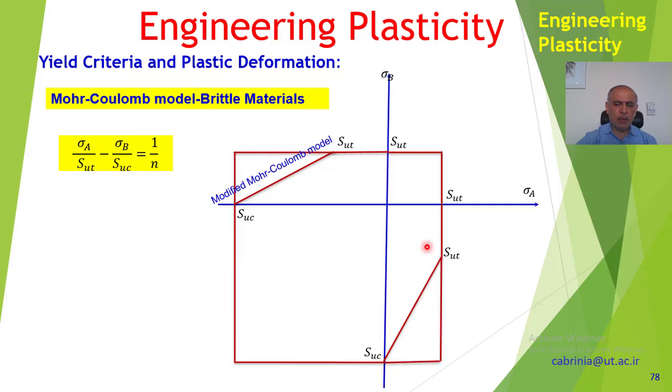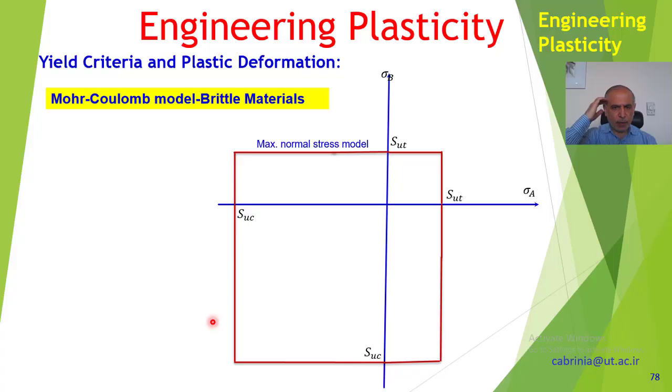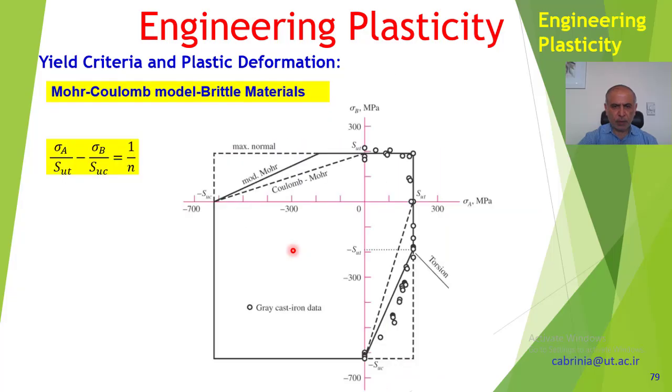And we have another model, which is, as you can see, this square, also another yield criterion, called the maximum normal stress model. So it covers an area greater than both of the previous models. And here we are examining all these models together.